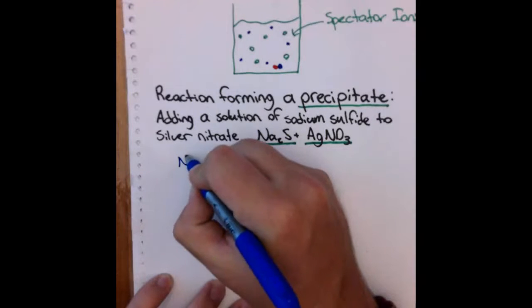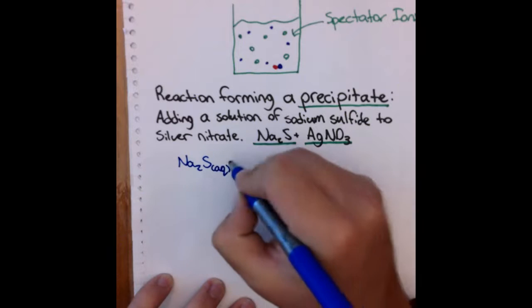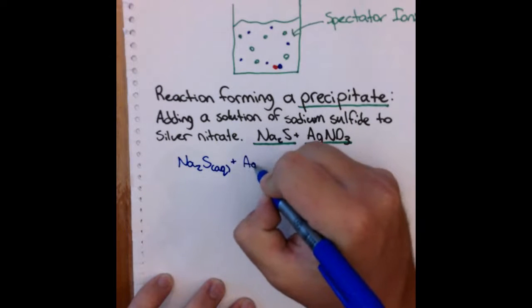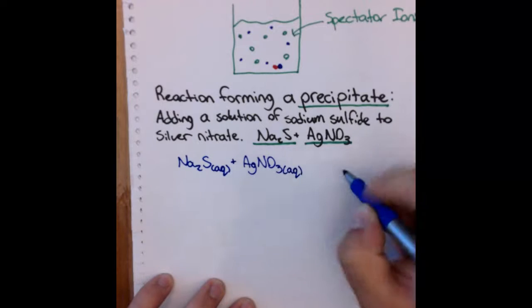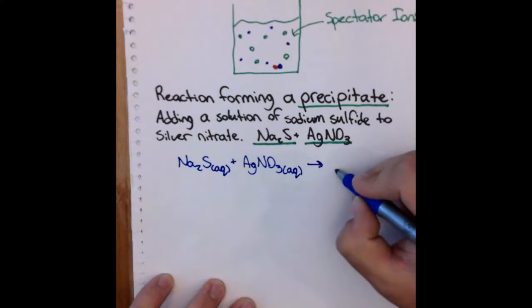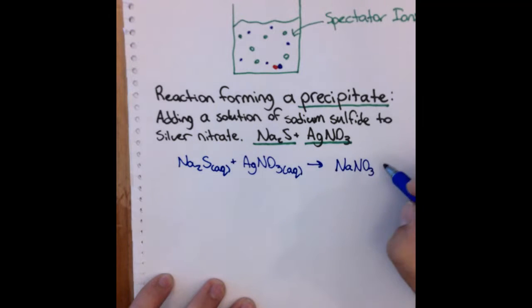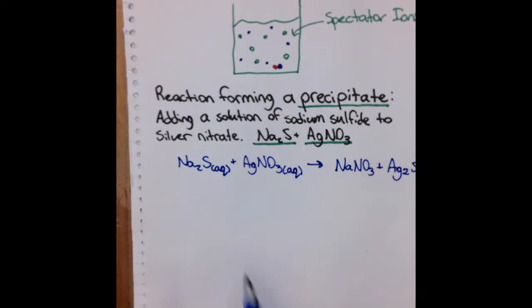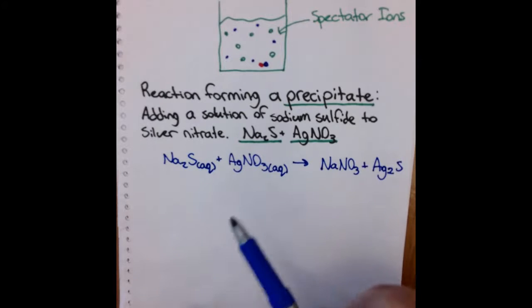So we're going to have our Na2S, which is going to be aqueous, added to our AgNO3, which will also be aqueous, and that will react to form NaNO3, so sodium nitrate, and silver sulfide, Ag2S. Now I'm going to quickly balance this chemical equation.